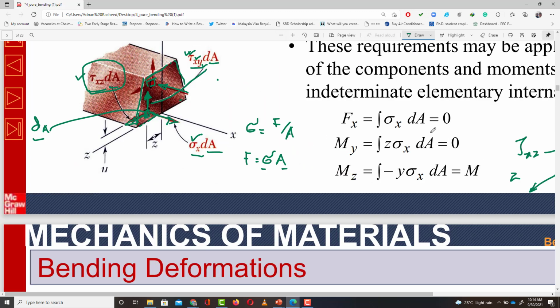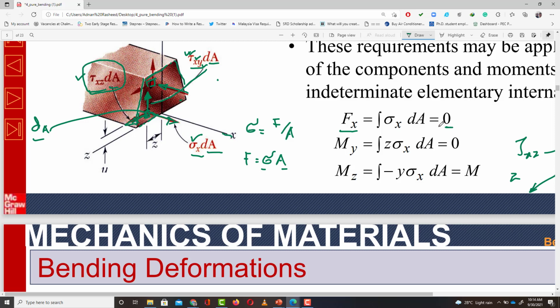So let's move forward. We will apply the equations of equilibrium. We have stated that the sum of all forces along any direction must be equal to 0. In this scenario, you can see along the x-axis there is the force represented as Fx, meaning force along the x direction, and the sum of all forces along the x direction must be equal to 0.